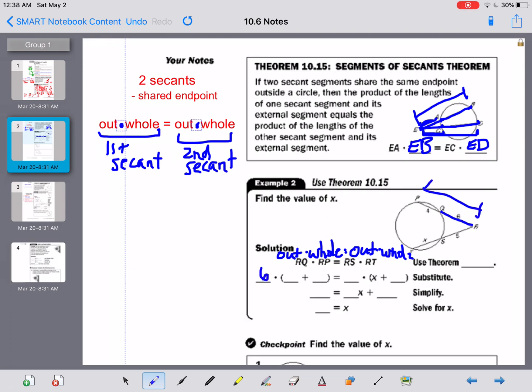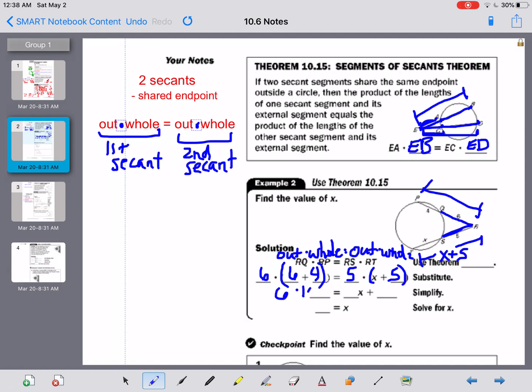Now, they did 6 plus 4. Don't be afraid to just make that 10, okay? And then on the bottom secant, we have the out, which is RS, or 5. And this is where we have to be careful. And the whole thing, we have to add these two together. Well, one part is X, and the other part is 5. So I would just write X plus 5, because I can't add them if they're not like terms. So over here, I'm going to get 6 times 10.